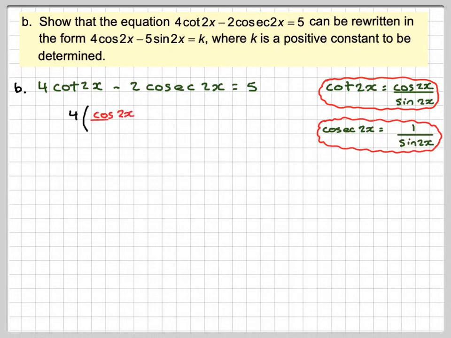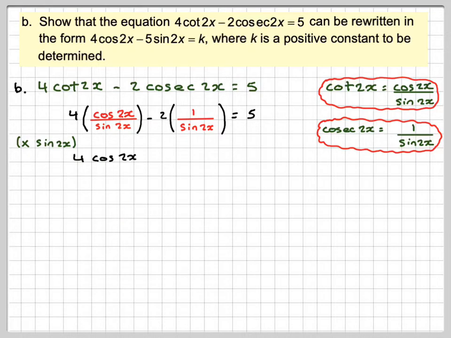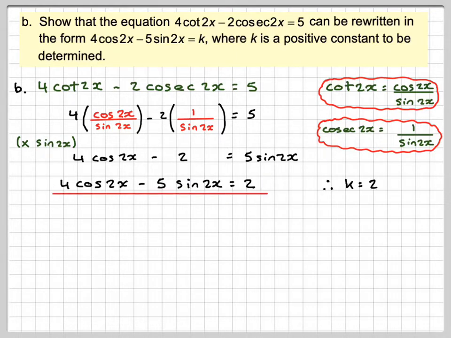So replacing these, you get 4 cos 2x over sine 2x minus 2 over sine 2x is equal to 5. Common denominator of sine 2x, so we can multiply the whole thing through by sine 2x to get 4 cos 2x minus 2 is equal to 5 sine 2x. So this is what we're trying to get it equal to. So that's 4 cos 2x minus 5 sine 2x is equal to 2, so therefore k is equal to 2.